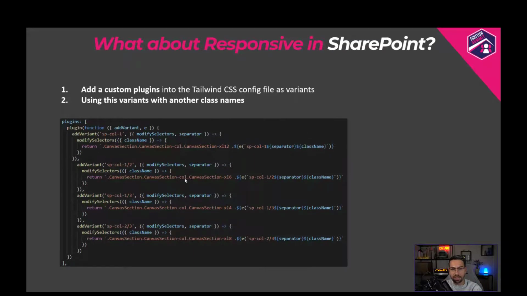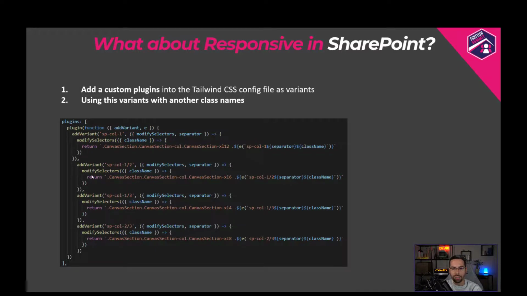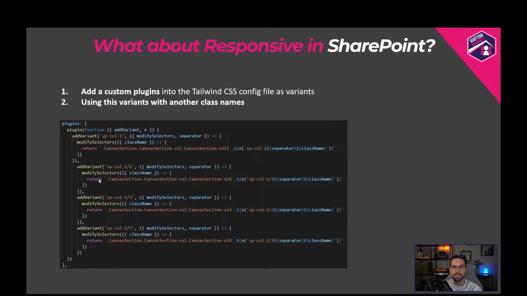We have this selector for the section that has one column. This is for the section that has two columns, and again for three columns or different dimensions of two columns inside the page.